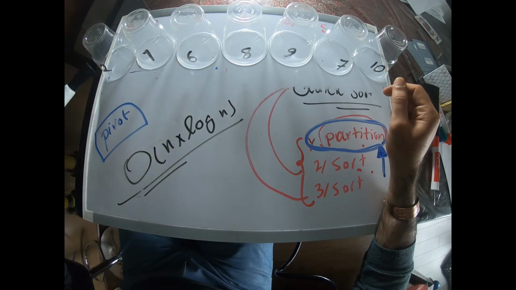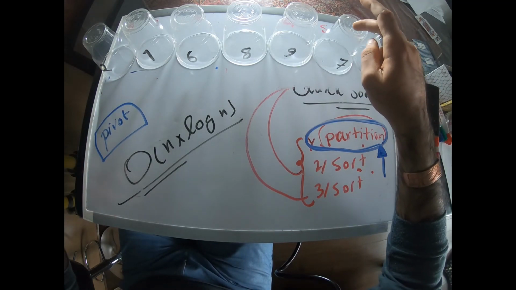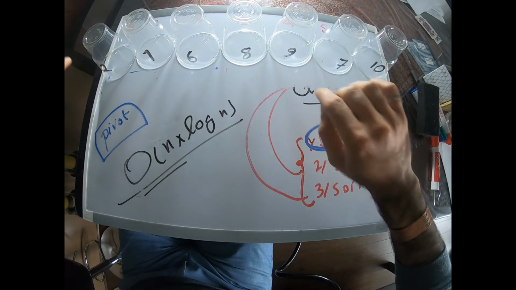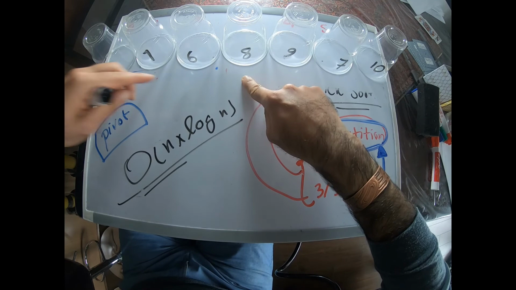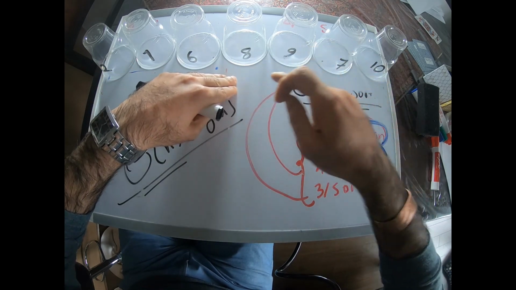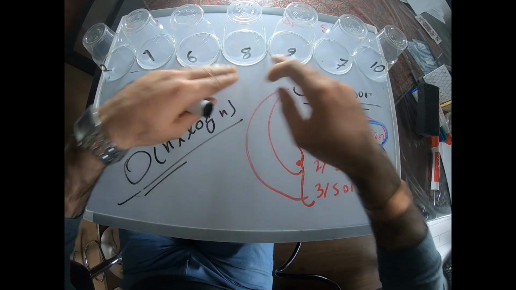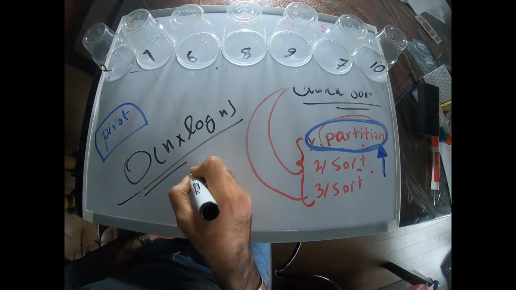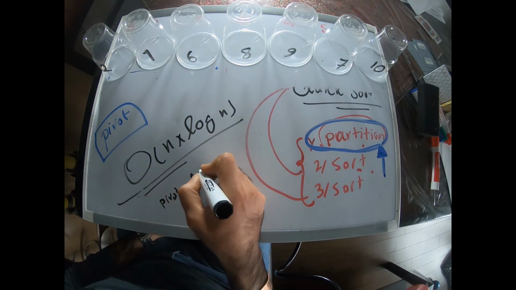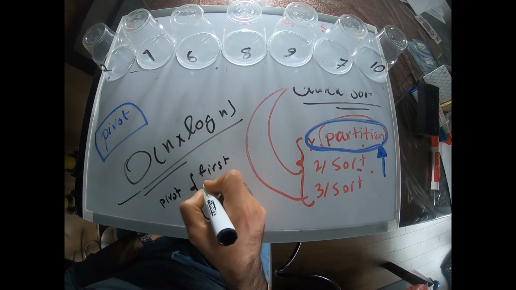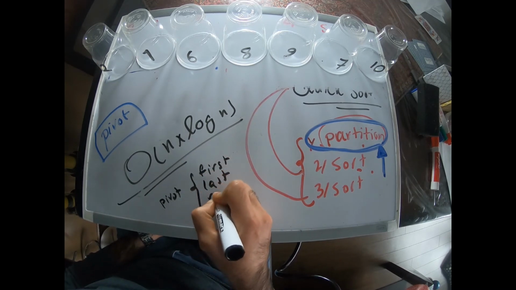So here, the median number is gonna be, I think, 7. If I sort the numbers, 1, 2, 6, yes, 7 is gonna be in the middle. So there are different methods to choose the pivot. Either choose the first one, last one, or randomly.